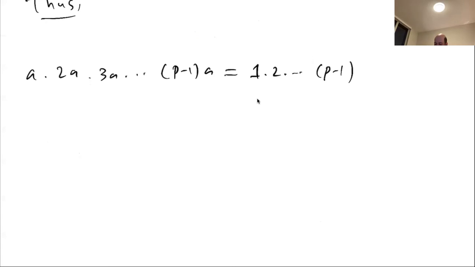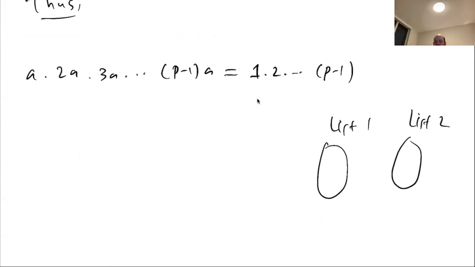You have two lists of numbers, list 1 and list 2. They are the same numbers, possibly in a different order. For example, 2, 4, 8 here, and then 4, 8, 2 here. If I multiply these numbers together, compared to multiplying these numbers together, of course I get the same answer, because when you multiply, the order is not important.